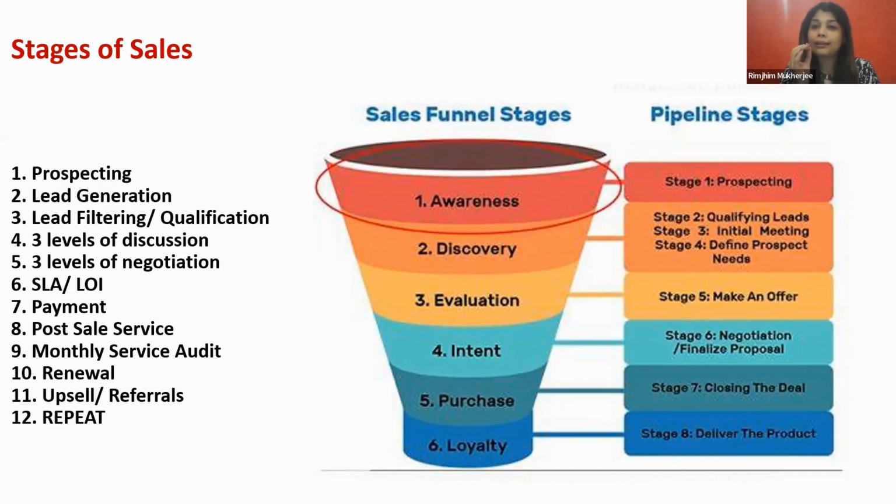LOI talks about: I agree with this kind of price for your product and service, but I don't have the entire money to give it to you right now. So I would sign up a letter of intent with you against a token amount to confirm my interest so that you stop your conversations with other people for my territory, right?